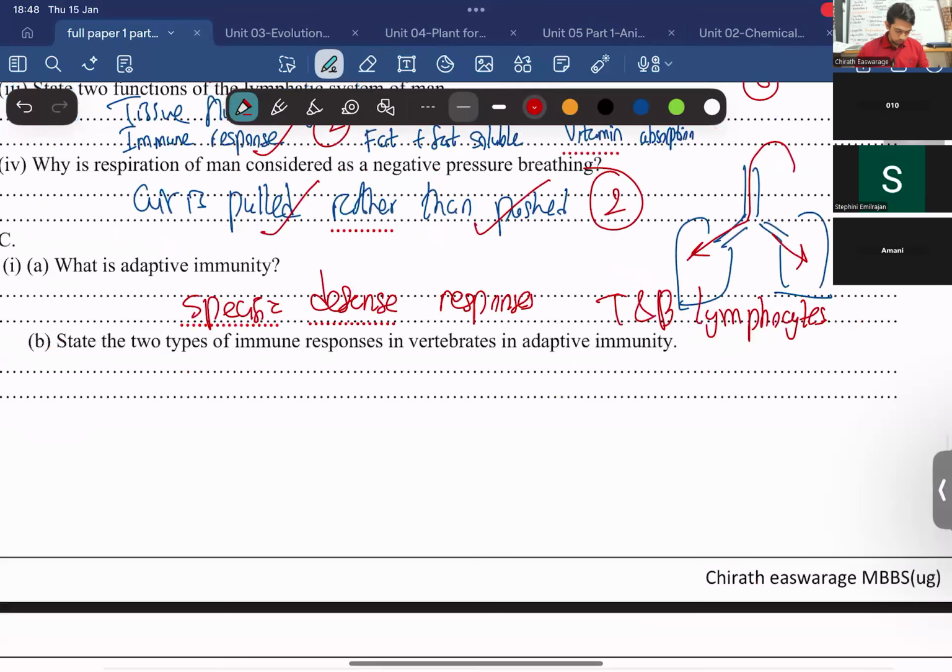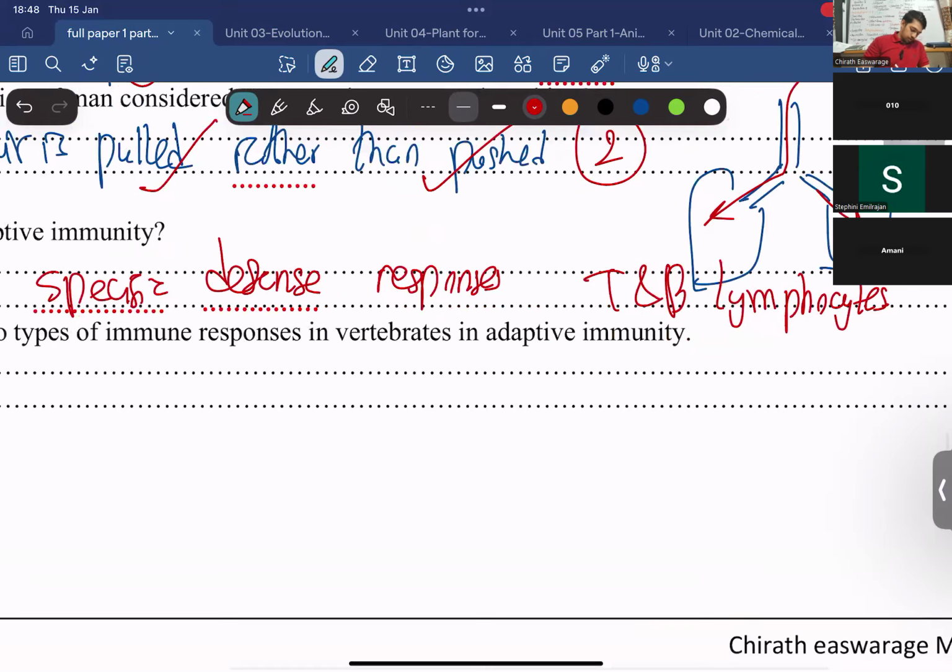State the two types of immune responses in vertebrates in adaptive immunity. Do you need to mention vertebrates in adaptive immunity? No. Only vertebrates have adaptive immunity. Invertebrates only have what? Innate. So by the T lymphocytes, you have cell mediated.